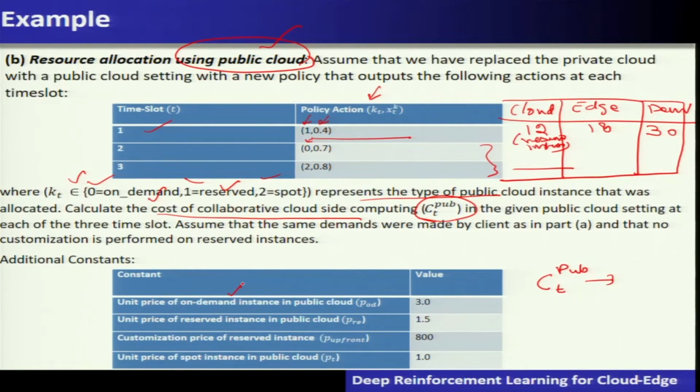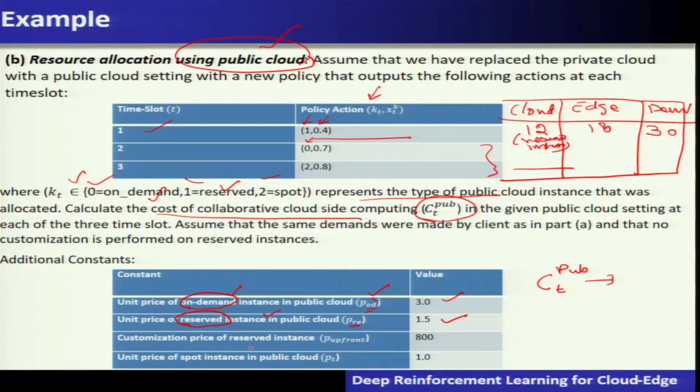It requires the unit price of the on demand instance in the public cloud, that is P of OD, where the value is 3, and the unit price of the reserved instance in the public cloud, where RE means reserved instance and OD means on demand instance, is 1.5.